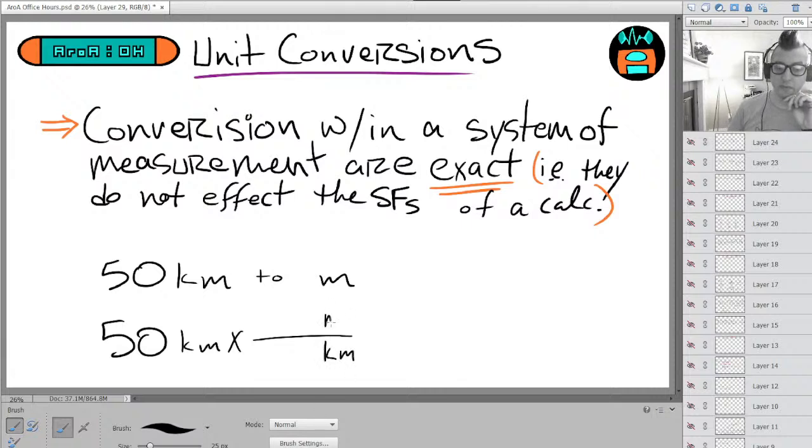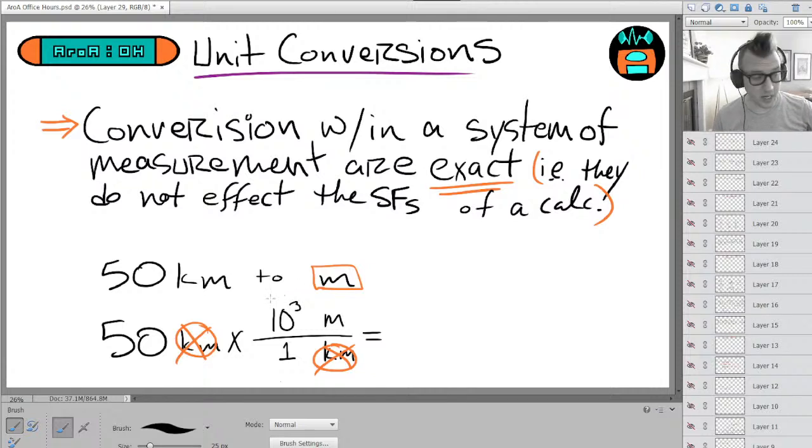You want to be left with meters, so meters goes in the numerator. Then ask yourself, how many meters are in 1 kilometer? The answer is the unit multiplier from that table. Kilo means 10 to the third, so 1 kilometer has 10 to the third meters. Algebraically, kilometers cancel each other, and you're left with meters, which is good, because we're converting from kilometers to meters.